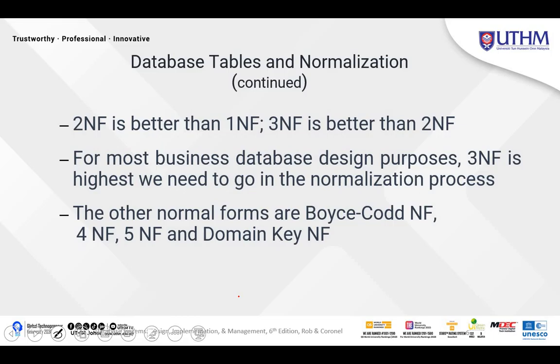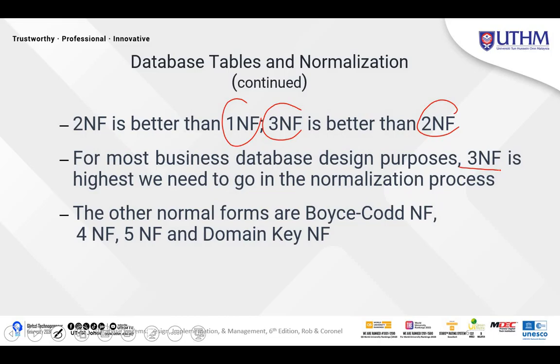So 2NF is better than the first NF, and third NF is better than second NF. For most business database design, 3NF is the highest, so we will learn up to third normal form only here.